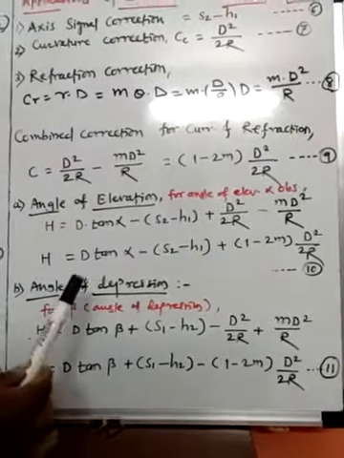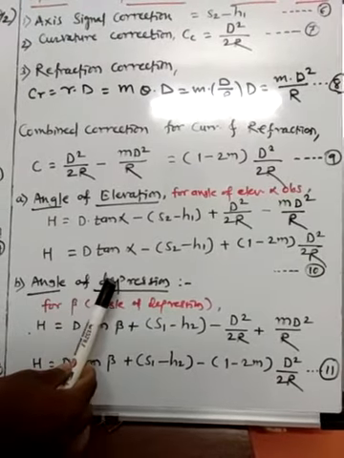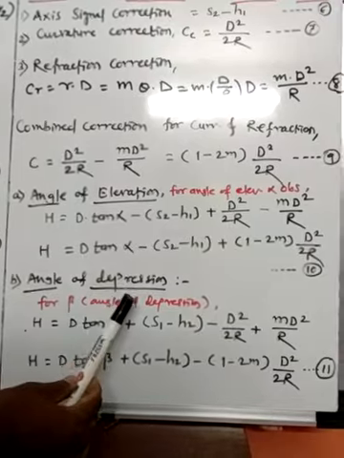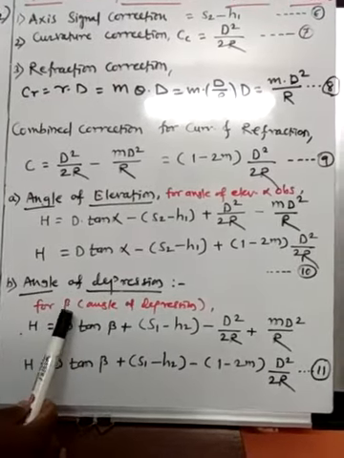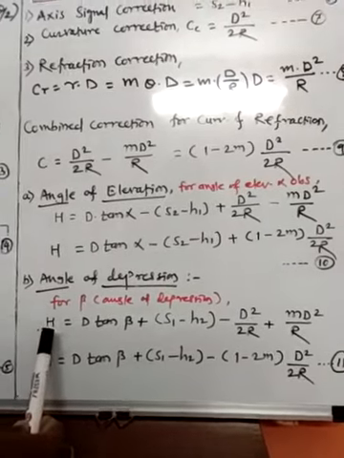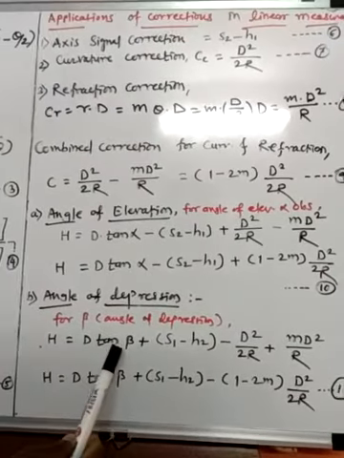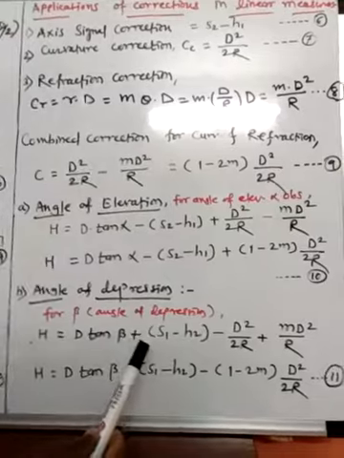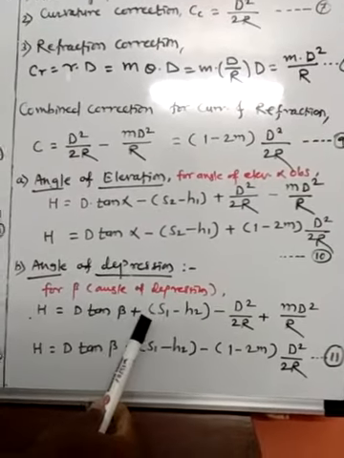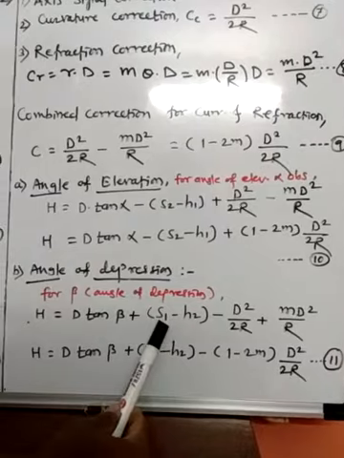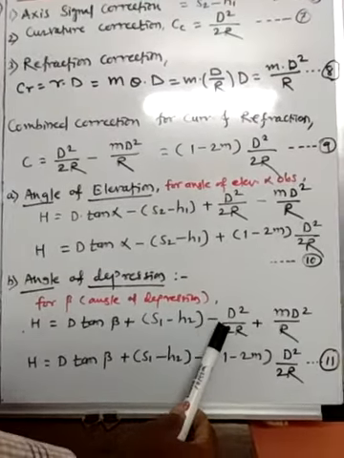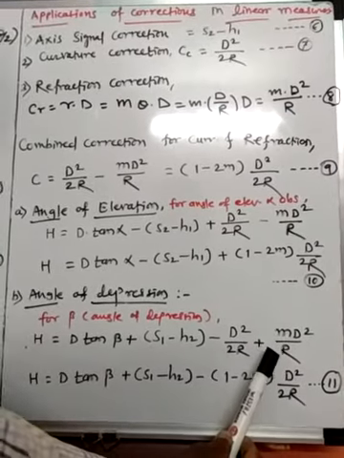Similarly, for corrections in linear measurement for the angle of depression, the angle of depression is beta. Here H equals D tan beta plus the depression correction, which is the height of signal minus the height of instrument, minus the curvature and refraction correction.